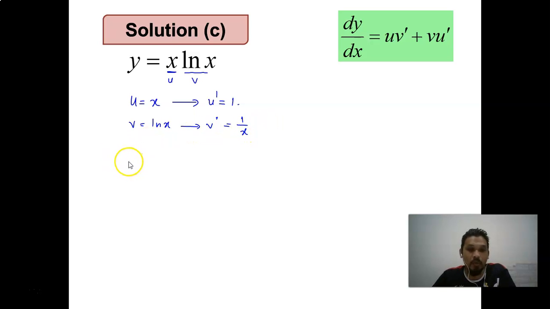So then y prime or dy/dx equals u prime v plus u v prime. u prime times v is 1 multiplied with natural log of x, plus u v prime, where x is multiplied with 1 over x. So it equals natural log of x plus 1. There you go.